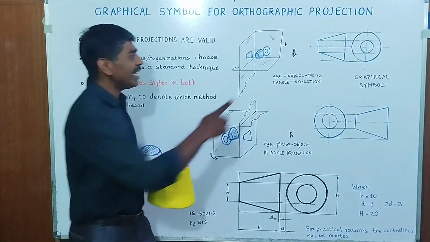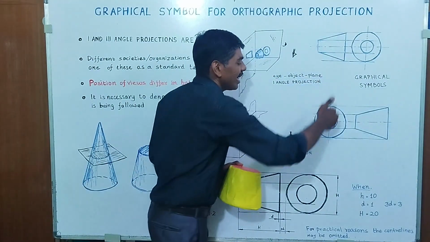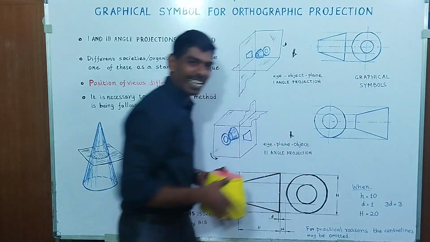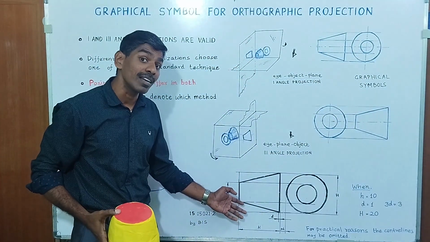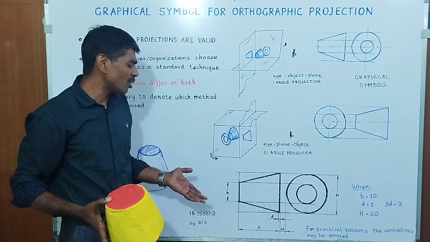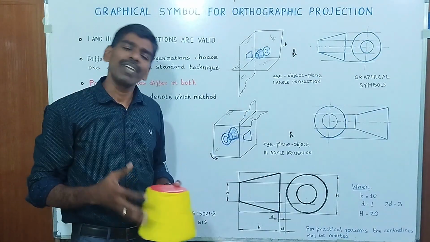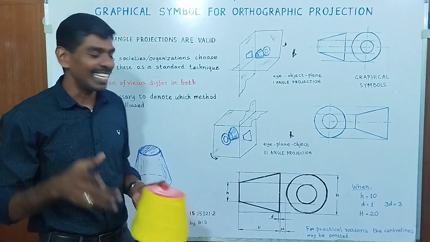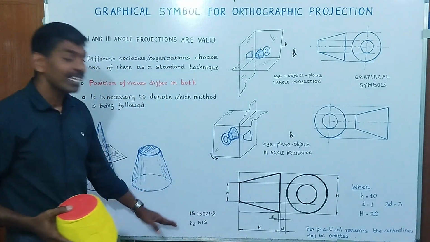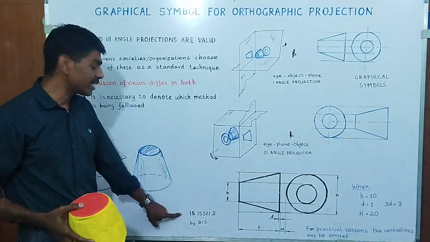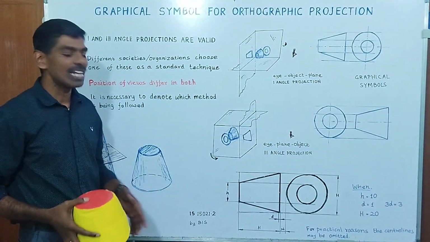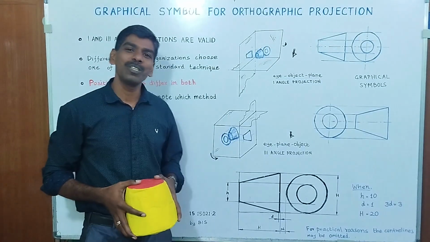Now, in these two, we found that there are some center line markings, but here we have not marked them. We have not marked them because, for practical reasons, we can omit that. This is given by BIS. You can have a look at IS 15021 2.